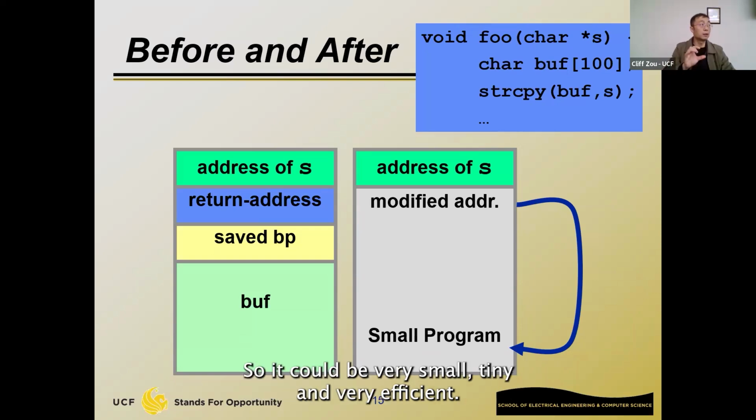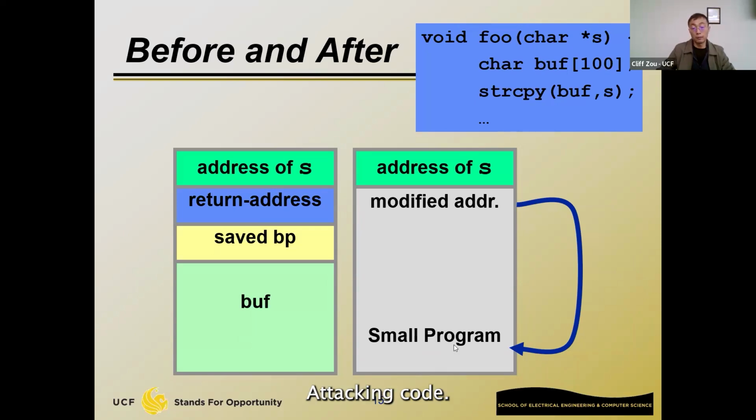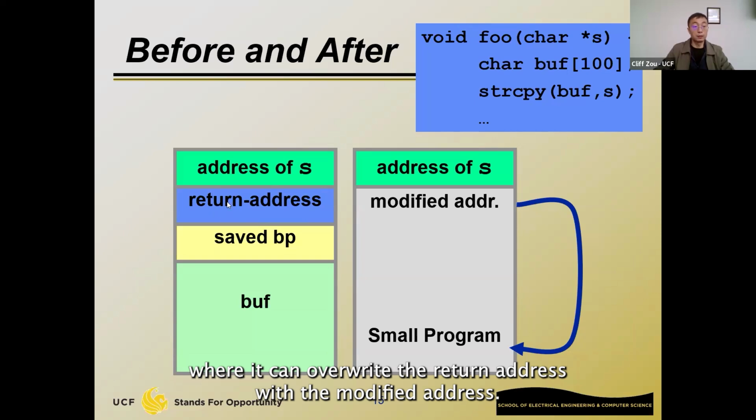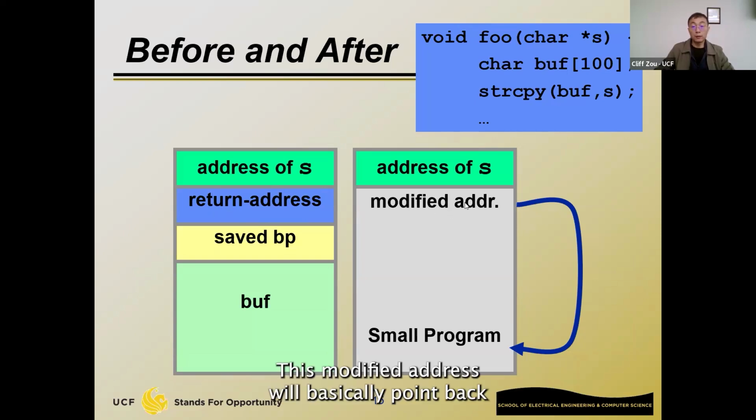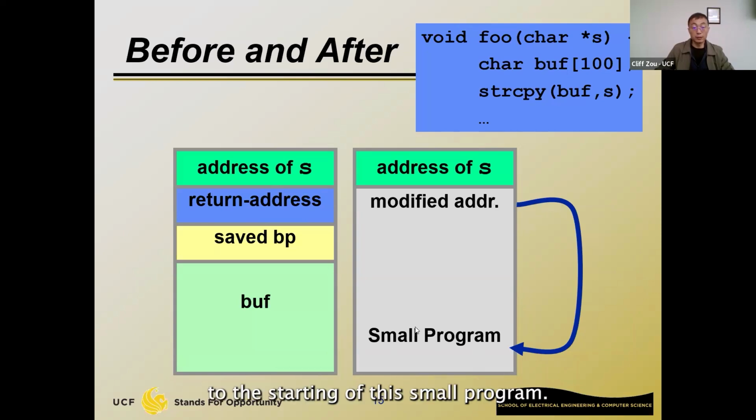So it could be very small, tiny, and very efficient attacking code. And after that, the attacker will modify a specific place where it can overwrite the return address with a modified address. This modified address will basically point back to the start of this small program.